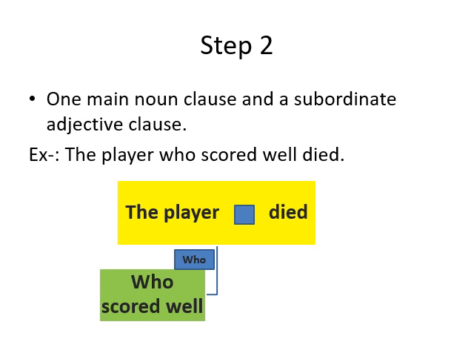Who is a link word which is a relative pronoun. Who scored well is incomplete. There is some kind of idea, but that idea is grammatically incomplete. So once it's connected to the main noun clause, the player who scored well died, then it becomes a sentence. Now we proceed to step 3.